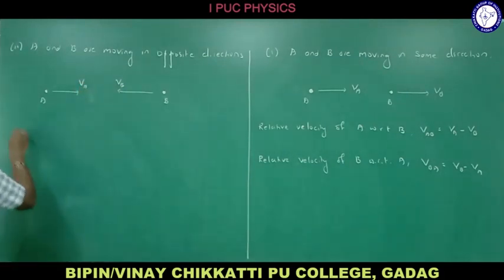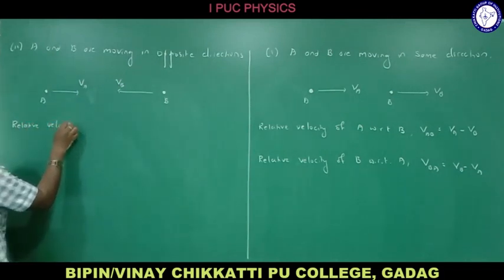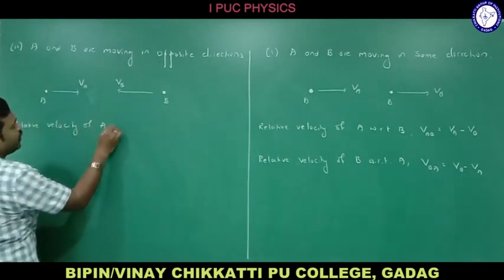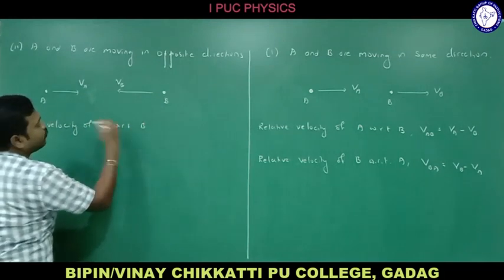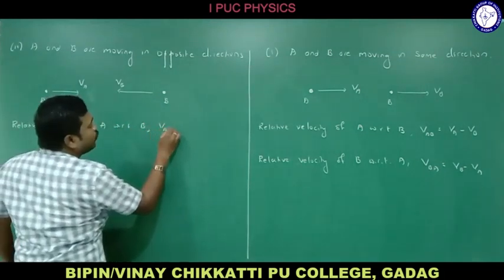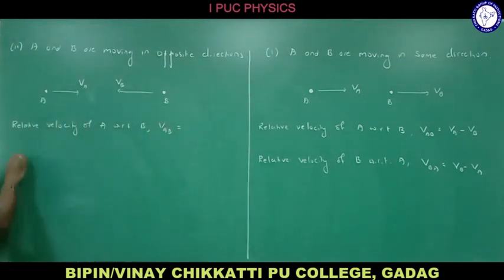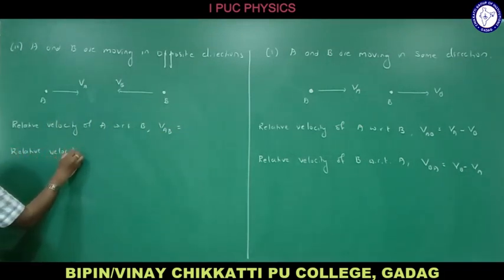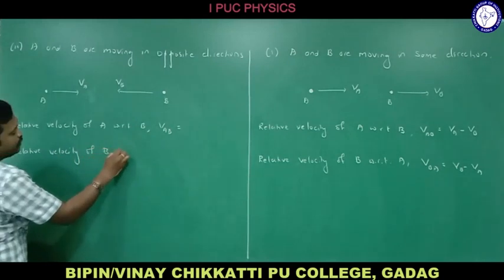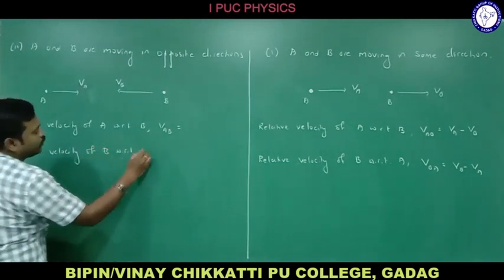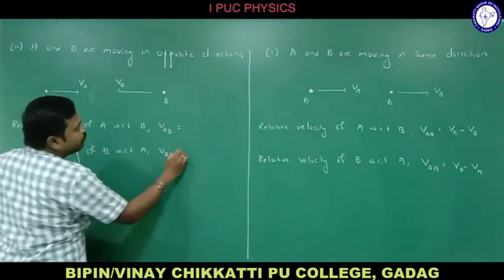Now let us consider the relative velocity. We are speaking of the relative velocity of A with respect to B, noted by VAB. Now let me speak about another one, the relative velocity of B with respect to A, noted by VBA.